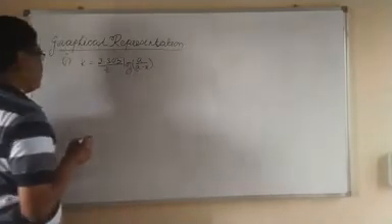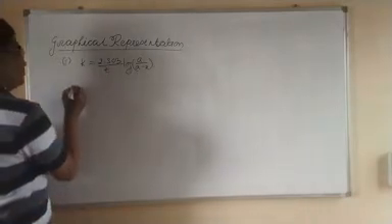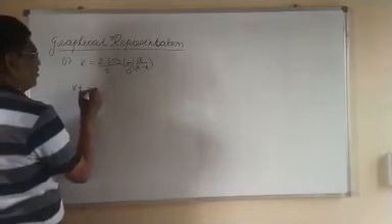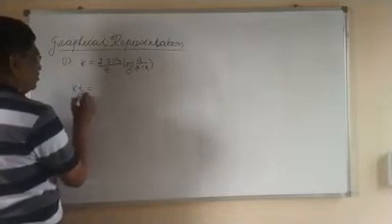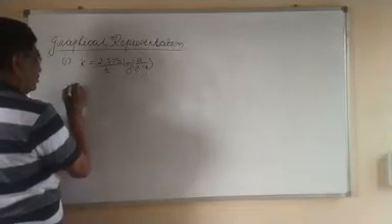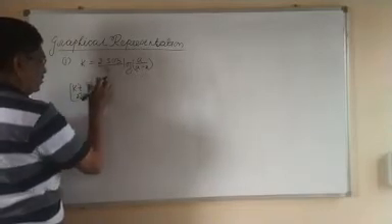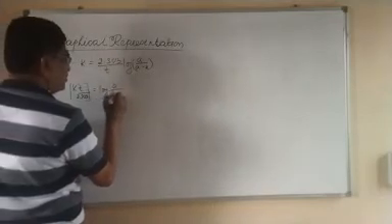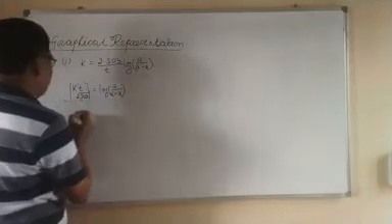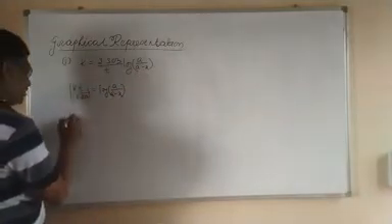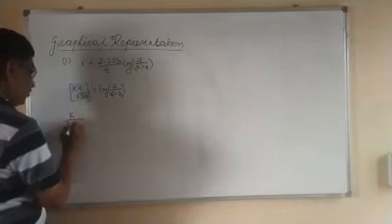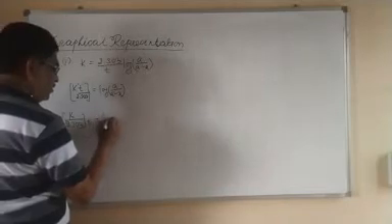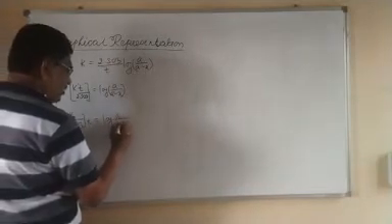If we separate it, then log of a over a minus x is equal to k upon 2.303 t.